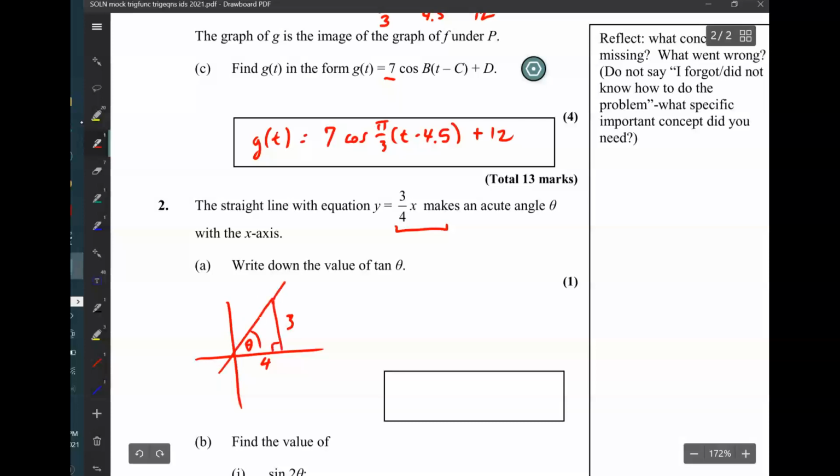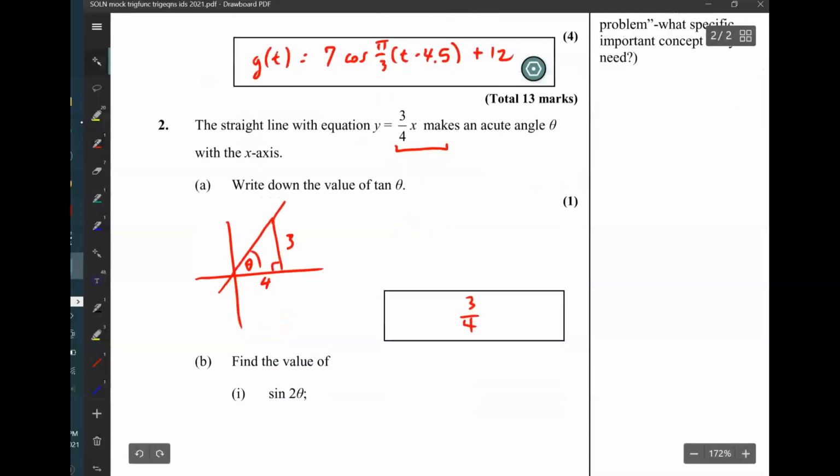And then it says to write down the value of tangent theta. Okay, this is a non-calculator problem. The reason why we know what the tangent value is is because we can look at the drawing and see that the opposite over the adjacent in this case is 3/4. So the value of tangent theta is 3/4, which is the same as the slope actually.